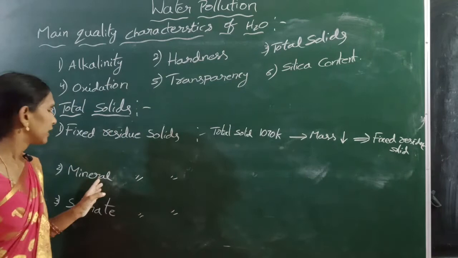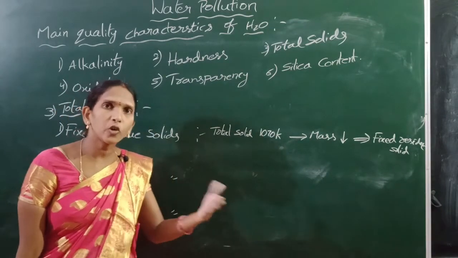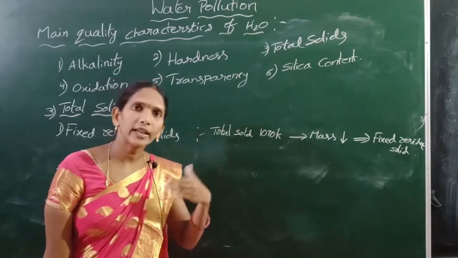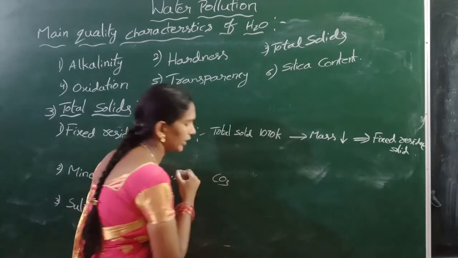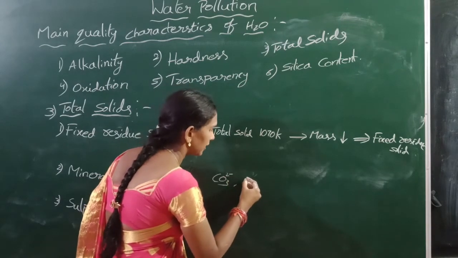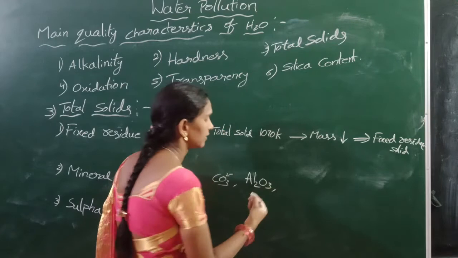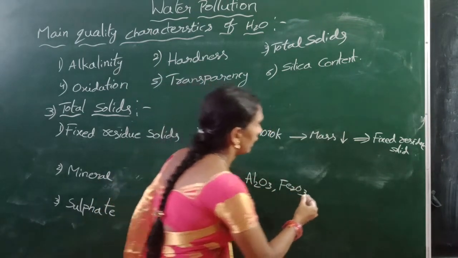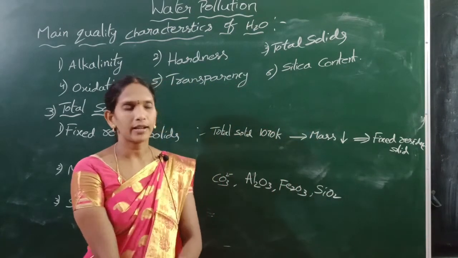The number of cations and anions including carbonates, carbonates means CO3, including carbonate ions, CO3 2 minus, and Al2O3 and Fe2O3 and SiO2 are added to the water.